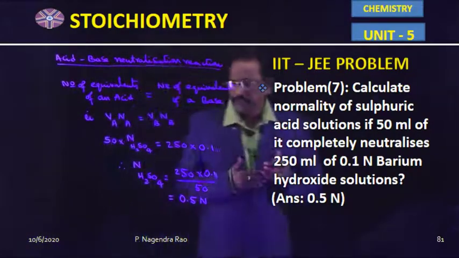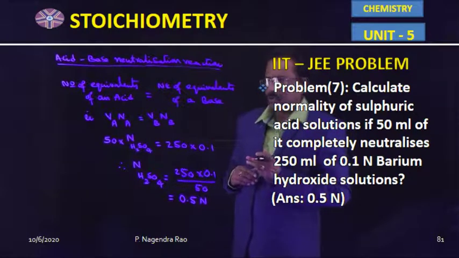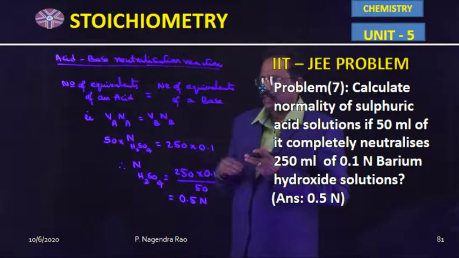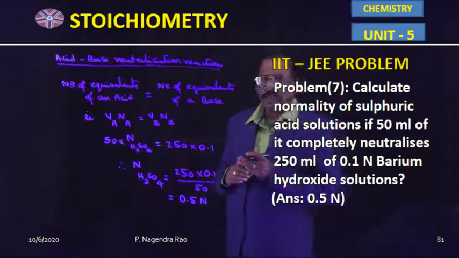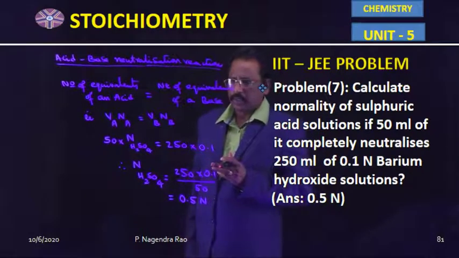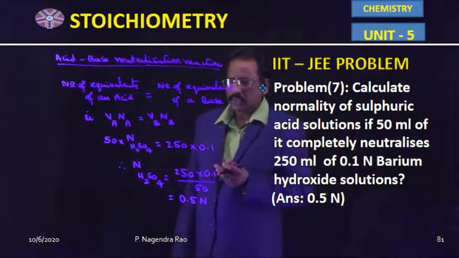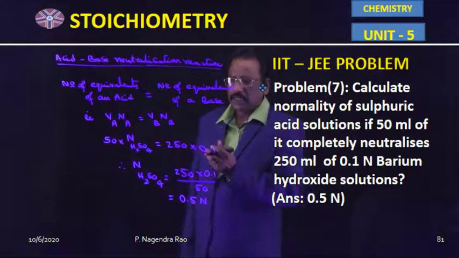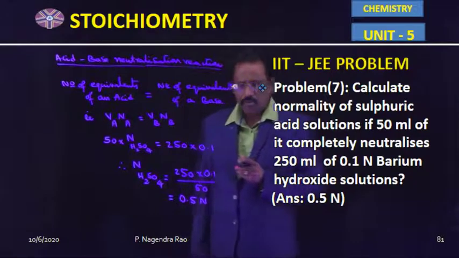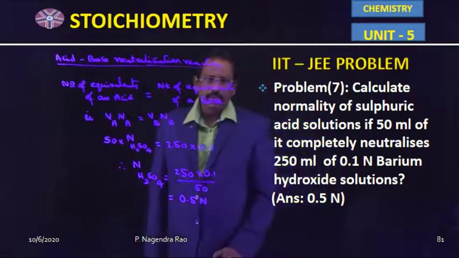So according to rule of normality, VA NA is equal to VB NB, where VA NA are volume and normality of the given acid, and VB and NB are volume and normality of the given base. So by using this rule of normality, the normality of sulfuric acid solution is equal to 0.5 normal.